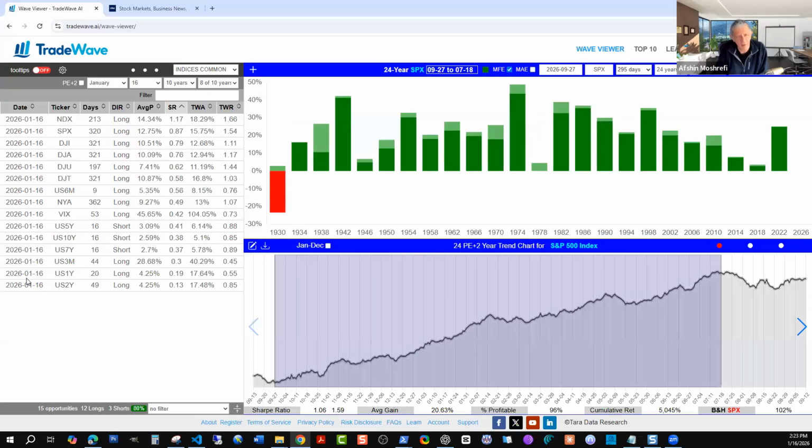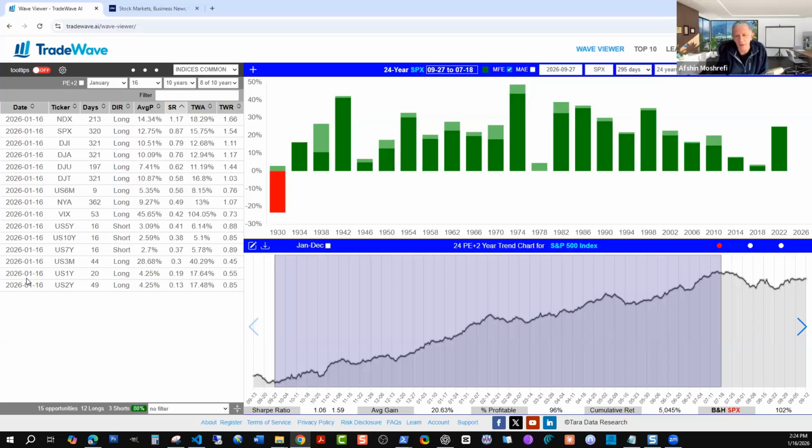From the 27th of September of a midterm election year for the next 295 days until July 18th of the following year, the market never closed down since 1930. At the height of the Great Depression was the last time this date range failed.